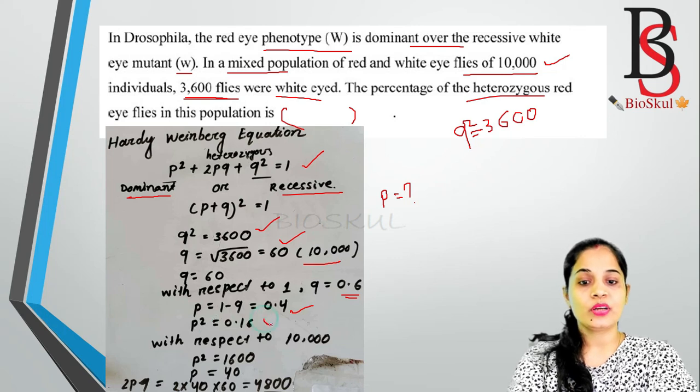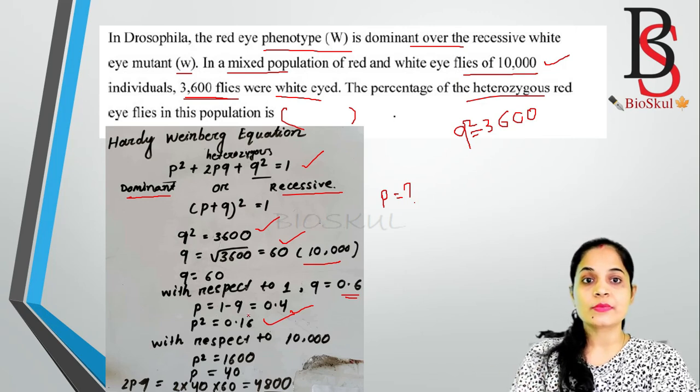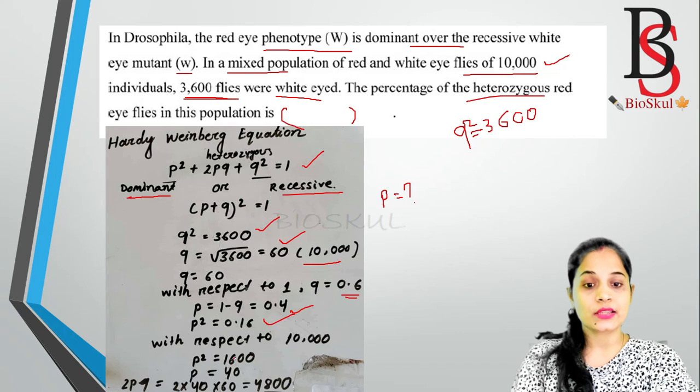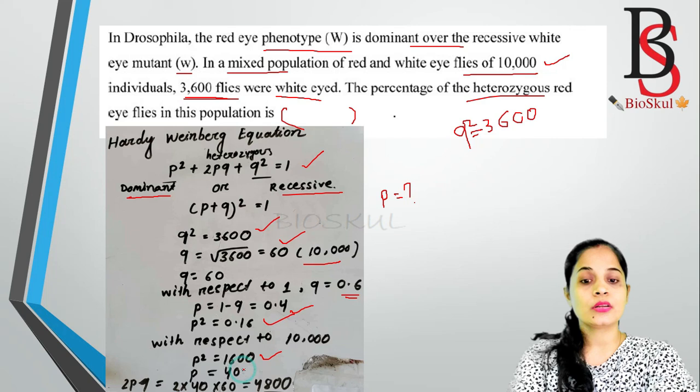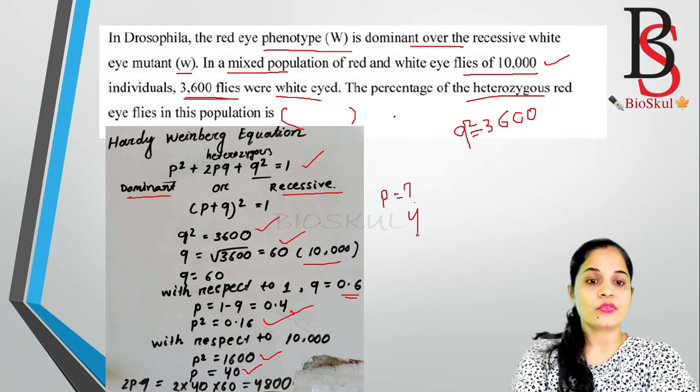If we square p, p squared will be 0.16, but that is with respect to 1. If we calculate with respect to 10,000, the total population, what will be p squared? It will be 1600, right? So p is the square root of 1600, which is 40. So now we have p as 40 and q as 60.